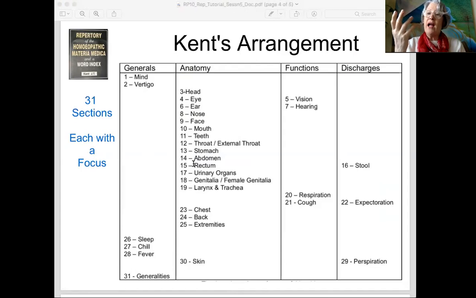And vertigo has to do with the entire person. Can you find some symptom in the vertigo section that has to do with staggering? A rubric in there that has to do with staggering. What do you find?